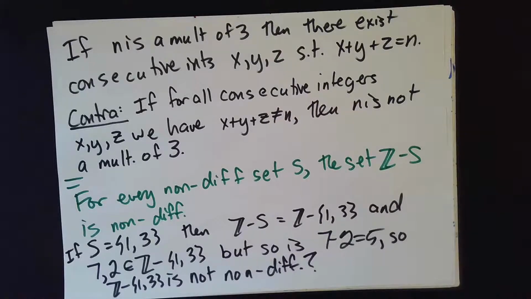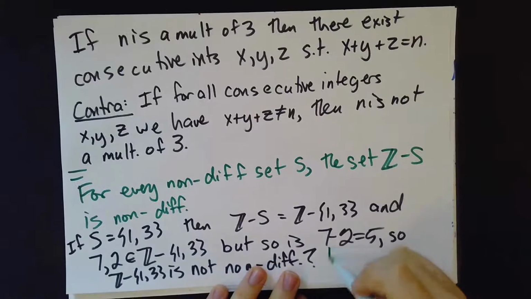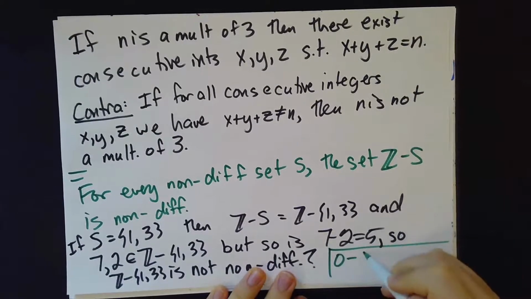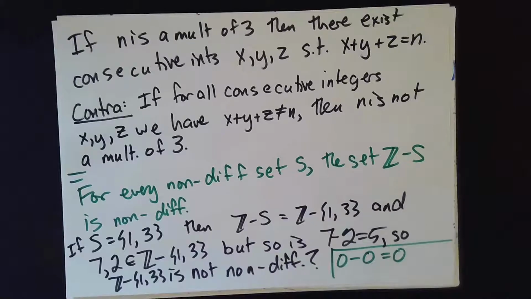Right, because x minus x equals 0. That is a beautiful proof. And I think I can even simplify that proof to actually say 0 minus 0 equals 0.